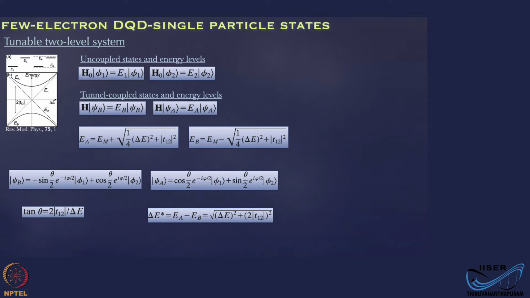Okay. So in this diagram, what we are seeing is E1 and E2 are the energy levels of the isolated atoms. And when you bring them together, when you make them couple, you'll have the tunnel coupling, which is marked here by 2T12, and the resultant system will have energies EA and EB. So the Hamiltonian of the isolated dots is H0, and phi1 and phi2 are the wave functions.